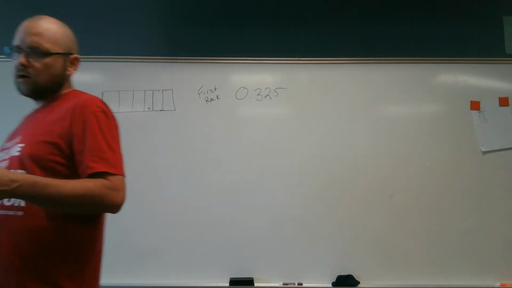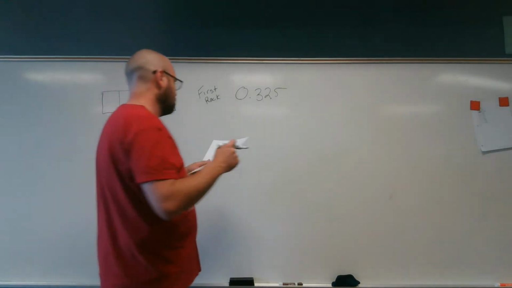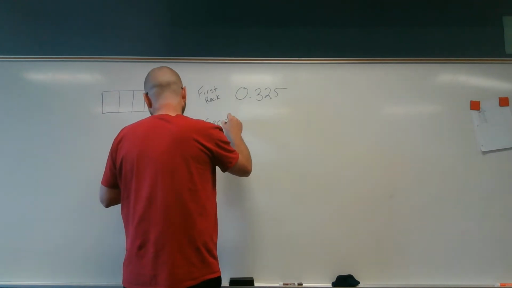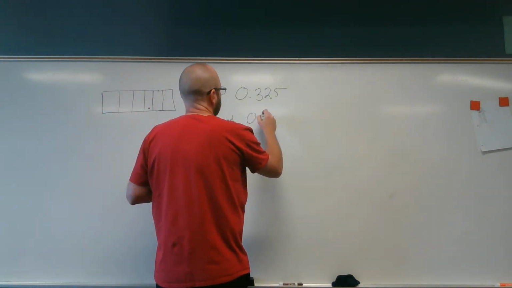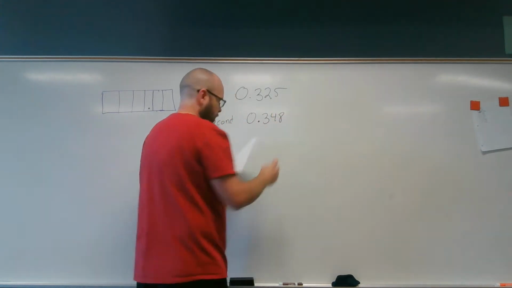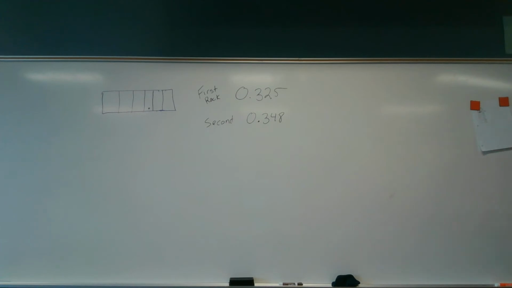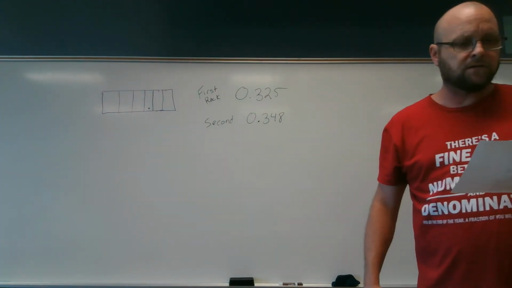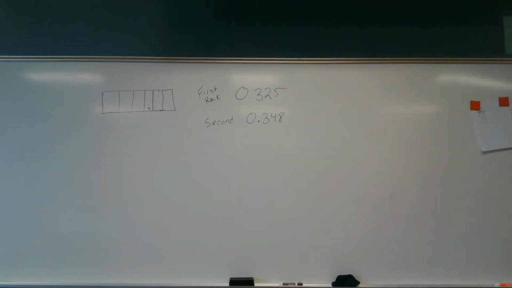The second rock had a mass that measured 0 and 348 thousandths kilograms. So the second. And we had 0 and 348 thousandths kilograms. Which of the following representations correctly compares these two masses?